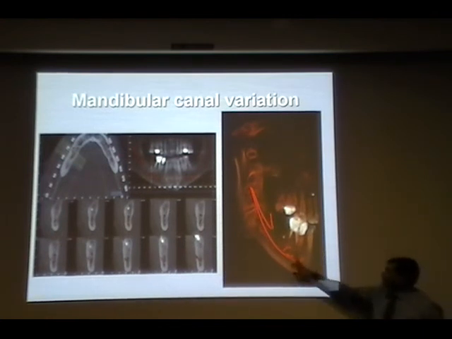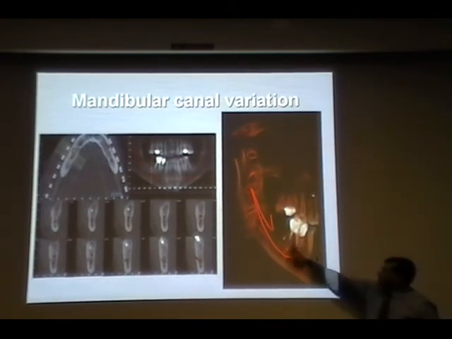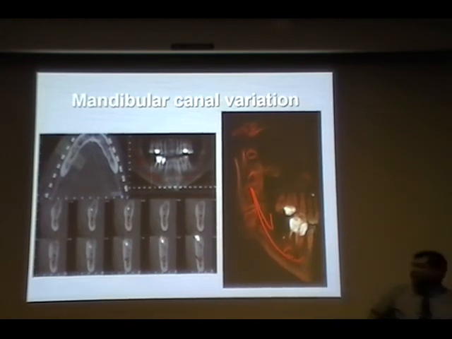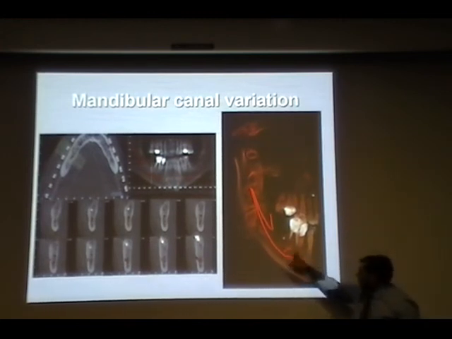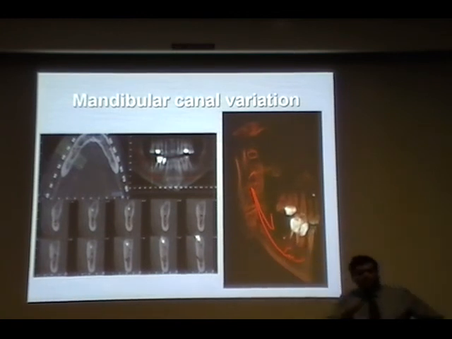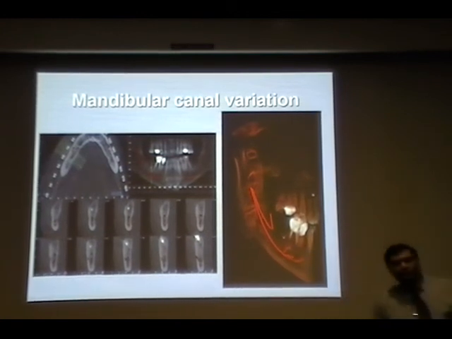Say, for example, if you want to do an apicoectomy, that's a procedure where, if there is an endo failure, they open up here and cut a portion of the apex and do retrofilling, meaning they put the amalgam filling there.